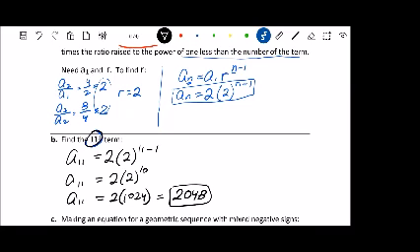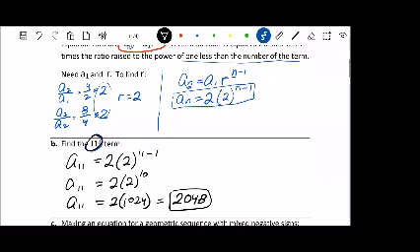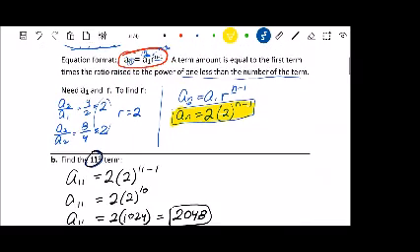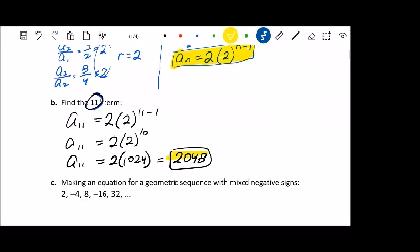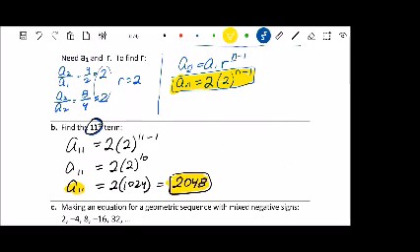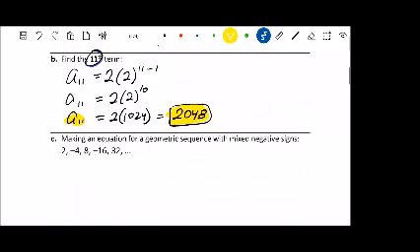And that's the amount of the 11th term. So here we have the general term for this particular sequence, and here we've used it to find the amount at a certain number, in this case the 11th term.